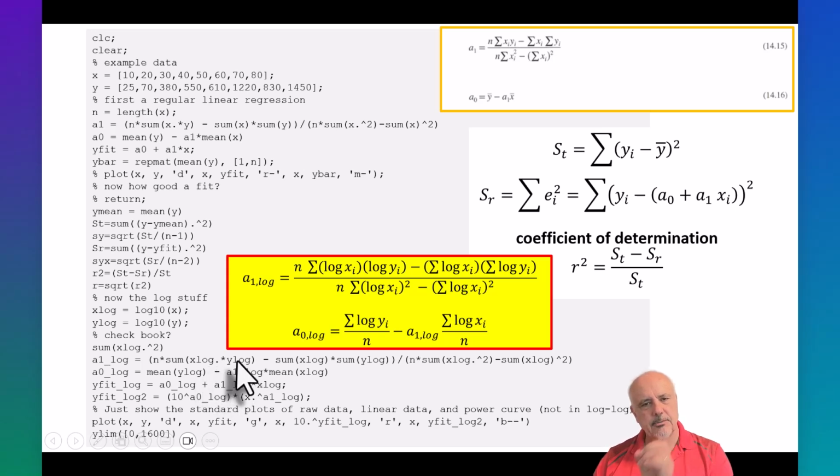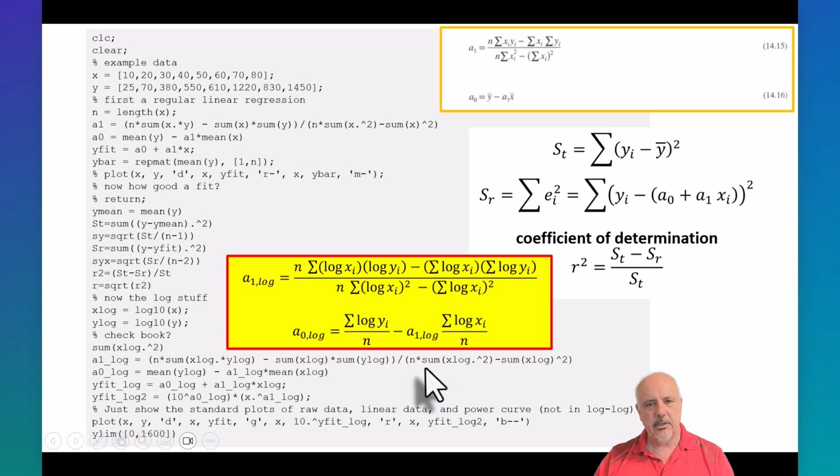So I'm going to get x log times y log, and I'll have n of those, and I'm going to sum those. And then I'm going to subtract off the sum of the x logs times the sum of the y logs. And that's all going to be setting up the numerator.